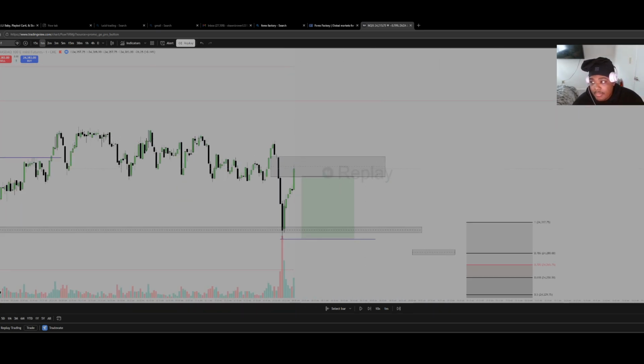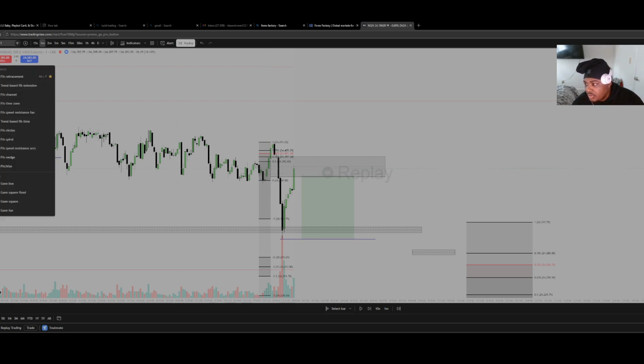So now I mark the first leg, the manipulation leg before we get the move, right? So right here to this wick, to this body is the manipulation leg, right?